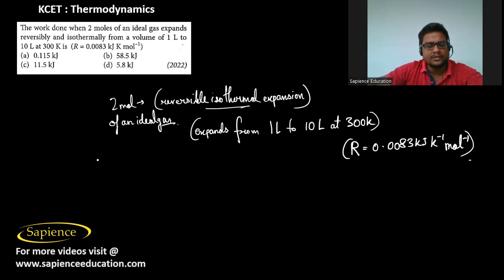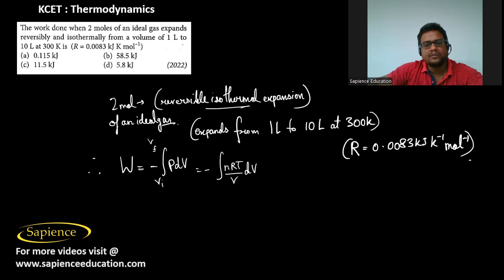So therefore, you have to find the work done. Work done in an isothermal reversible process, we know, is equal to minus integral PdV from V initial to V final. P equals nRT by V, so it is minus integral nRT by V into dV from V initial to V final.